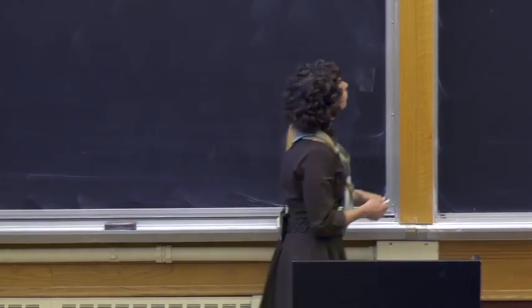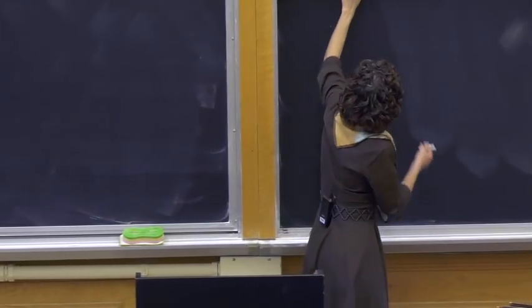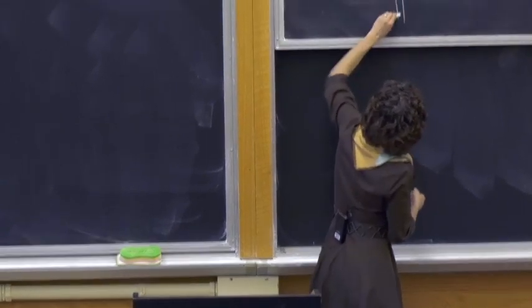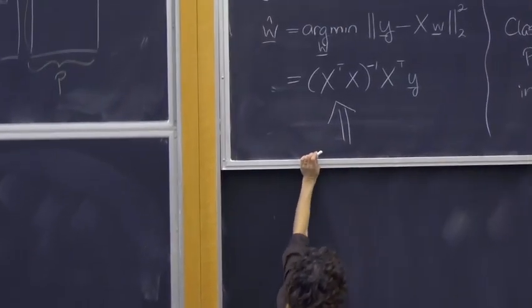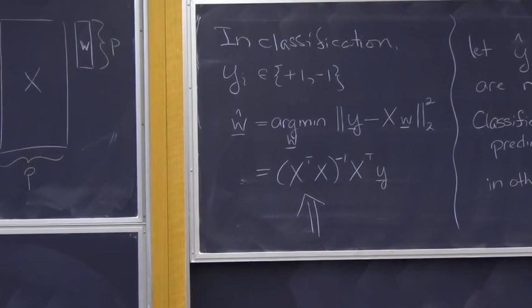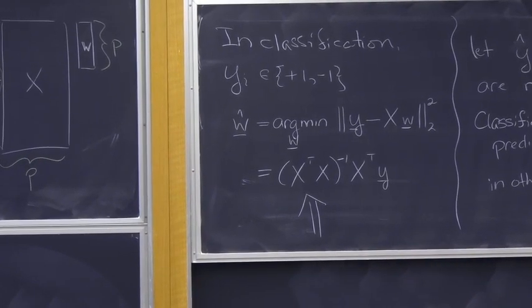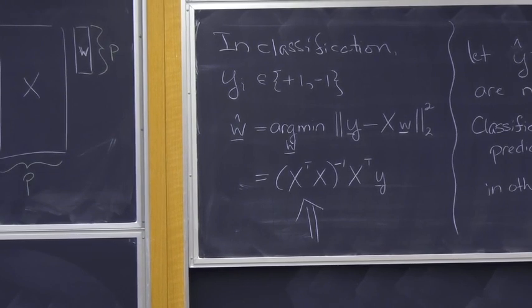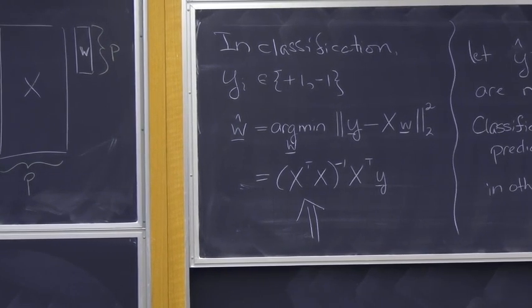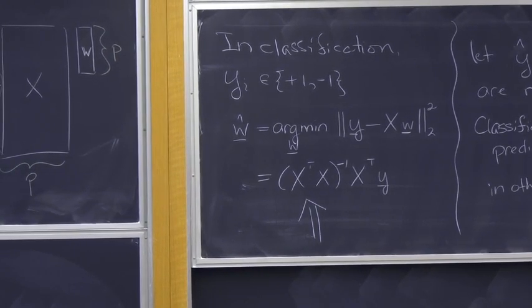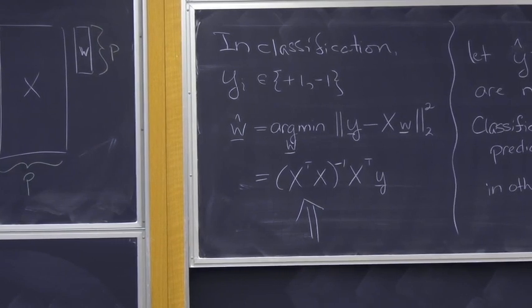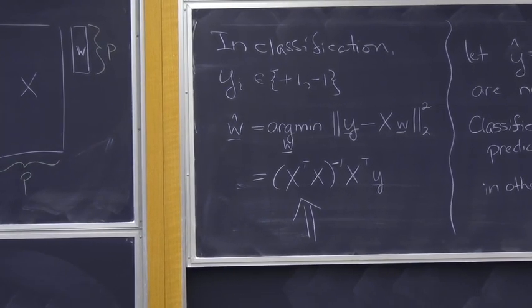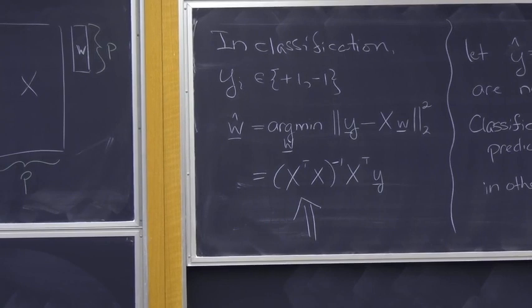And now what I'd like to do is to talk about what we have right here. So what we said is that w hat is the value w that minimizes this length, y minus xw, 2 norm squared. And then we derived this equation for w hat using this geometric argument.